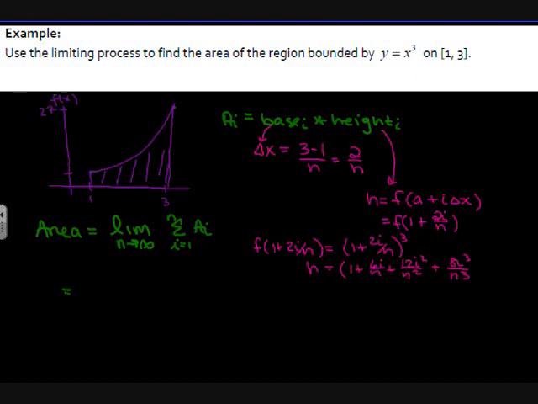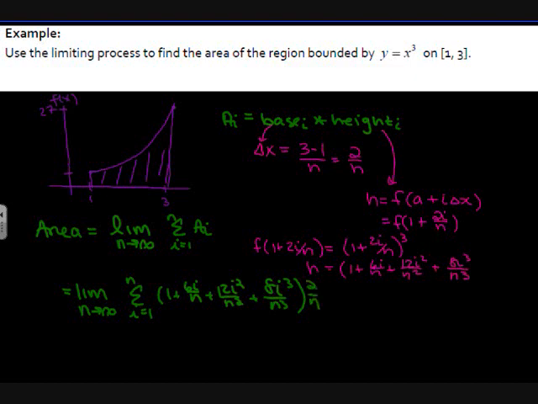So our area, again, will equal the limit as the number of rectangles goes to infinity of the sum of all of our rectangles. And for the height of our rectangles, we're using 1 plus 6i over n plus 12i squared over n squared plus 8i cubed over n cubed, times the length of the base of our rectangles, which we said was 2 over n.